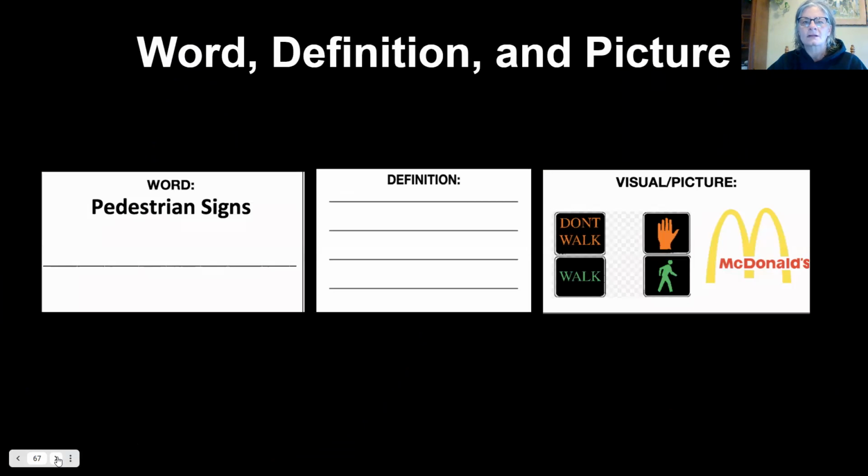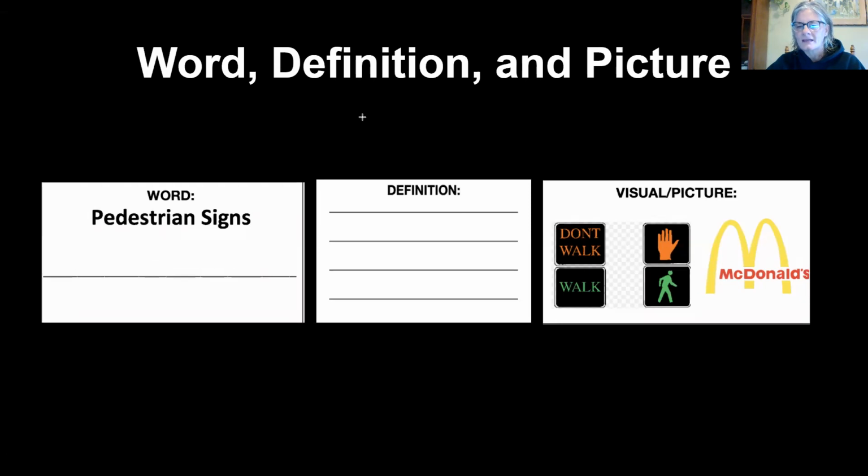Now, today we're going to talk about pedestrian signs. Signs that help us identify things, like right here. Don't walk, walk. Again, kind of same thing, but in a different form.